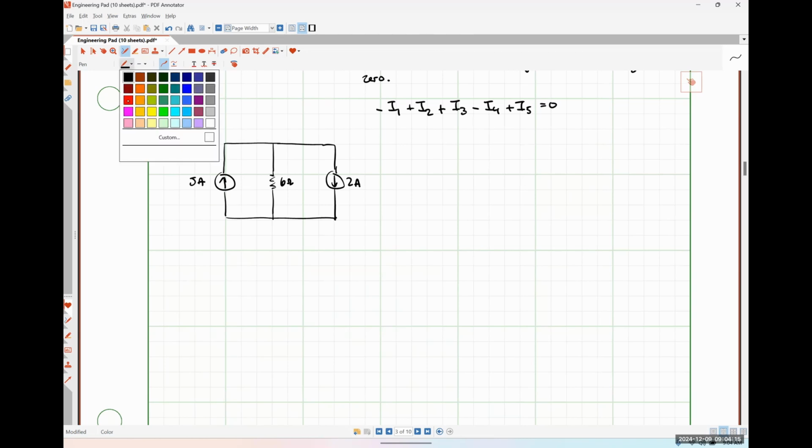And let's say that I am interested in finding the current flowing through the 6 ohm resistor direction up. We could use Kirchhoff's current law to directly solve for this, okay?